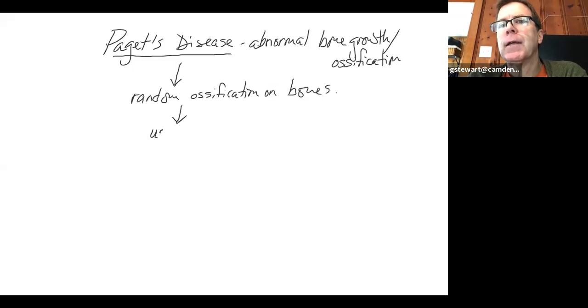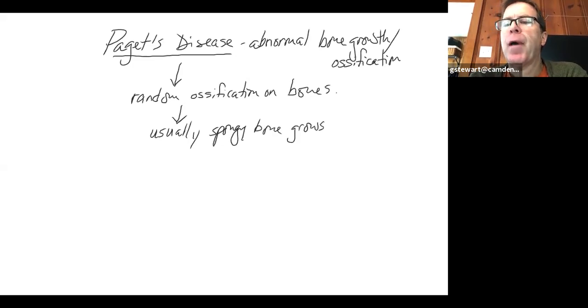It's usually spongy bone, sort of soft spongy bone that grows haphazardly in random areas. Usually affects older people.